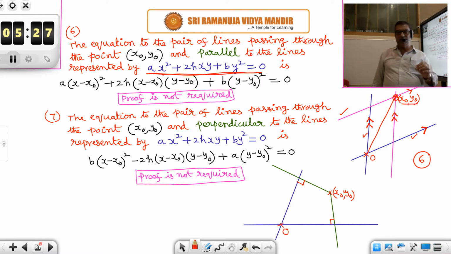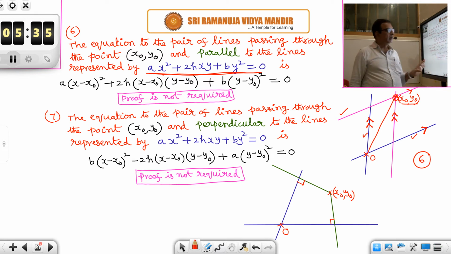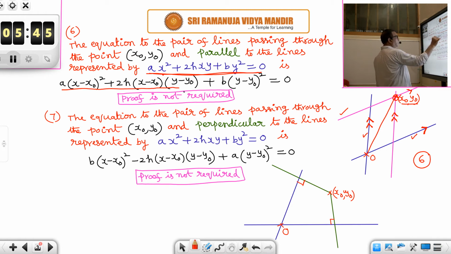Then you get the equation to the pair of pink lines. So that is what I have written here: a into x minus x0 whole square plus 2h into x minus x0 into y minus y0 plus b into y minus y0 whole square is equal to 0. Proofs are not required.